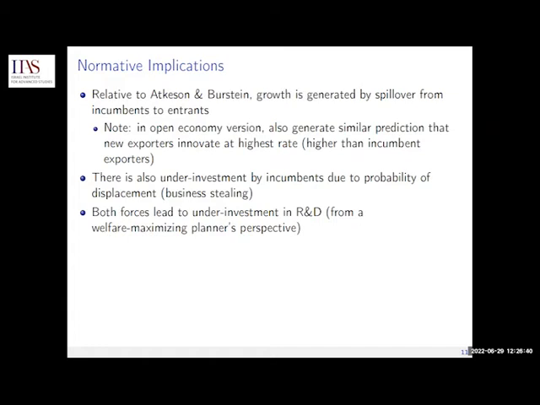Is it possible to have the inverse effect here? Not in this model. No, there's nothing good for the incumbent about having more competition. But was that the question? Yeah, I'm just thinking whether it's possible to add this effect.